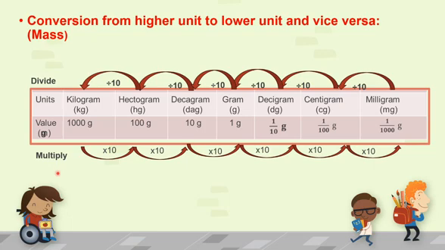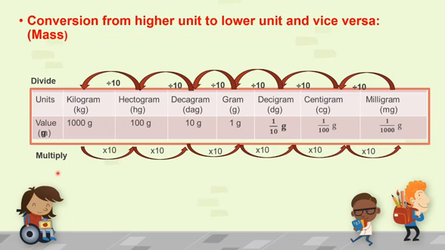So what does this mean? This means the same as we did for measures of length. If you have seen my previous session, the previous video on conversion in measures of length, you will connect that topic with this topic very easily and understand this very quickly.